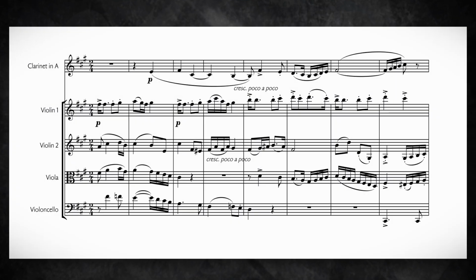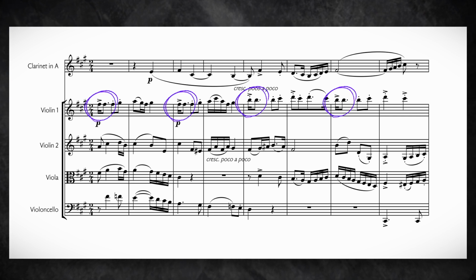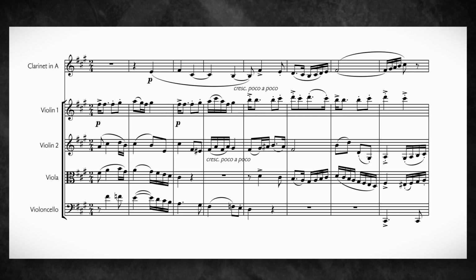Let's now take a look at how the Scotch snap rhythm can be used in a different way, this time in the main melody. Again, can you identify the Scotch snap rhythms that appear in the melody at the start of every other bar? Let's take a listen to how that sounds.